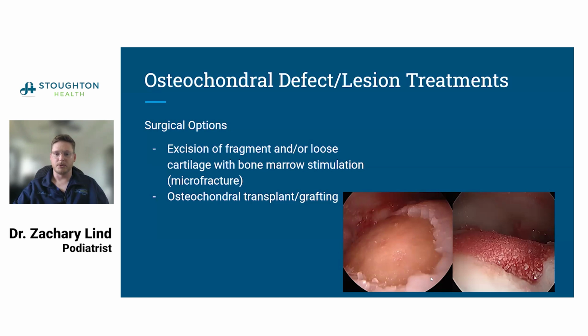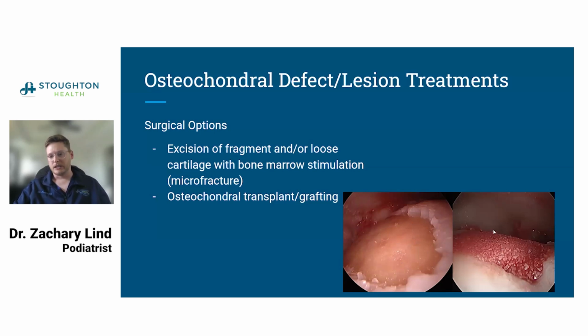So a lot of times what you do is you debride or remove that damaged cartilage, and you get this yellow tan area underneath. And this is that subchondral bone, which is bone that lives right beneath the cartilage. So you get down to this portion here. And a microfracture specifically would be to punch holes in this subchondral bone to stimulate bleeding and your body's natural healing response.